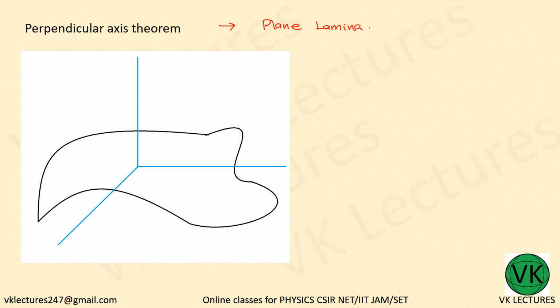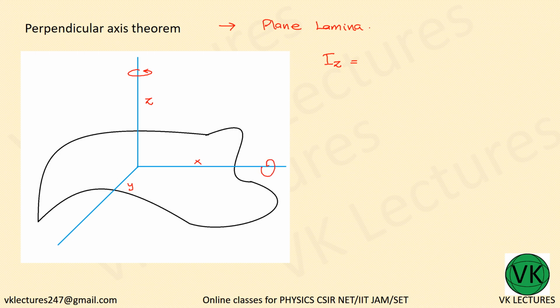And assuming that this plane is in X, this is Y, and this is Z, the perpendicular axis theorem says that Iz, that means the moment of inertia when rotated along the Z direction, will be equal to the sum of the moment of inertia.